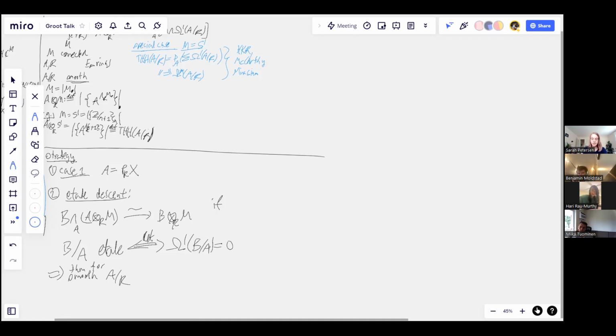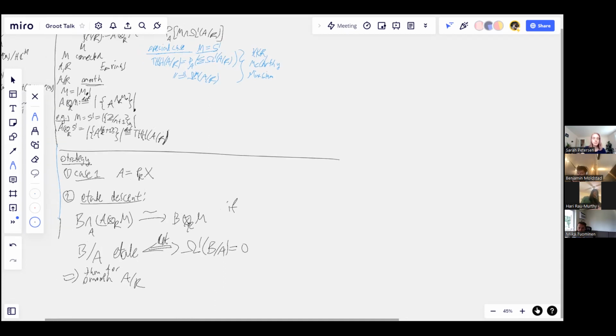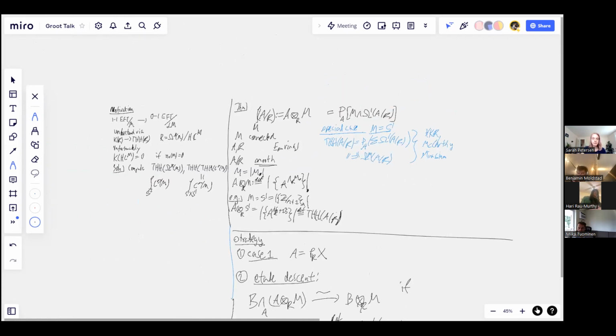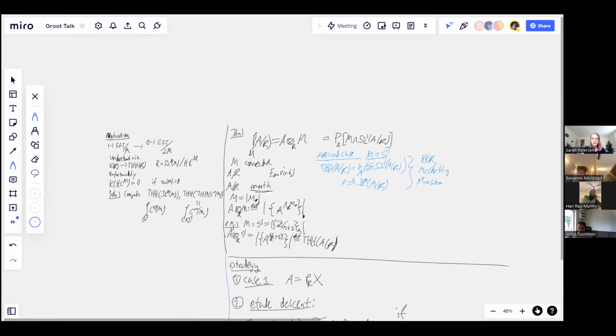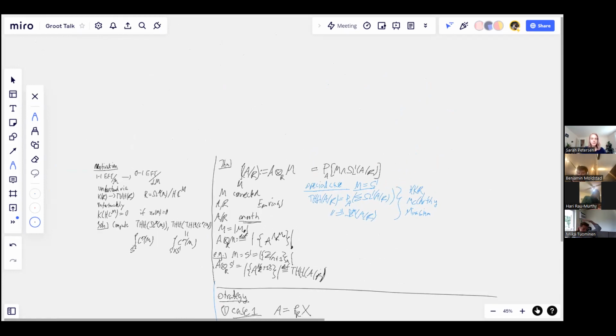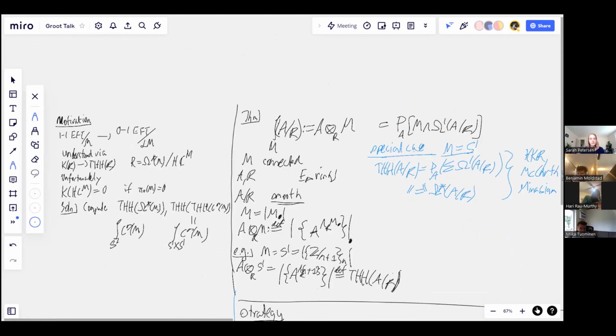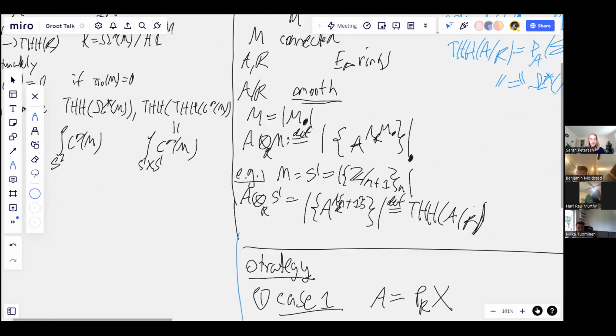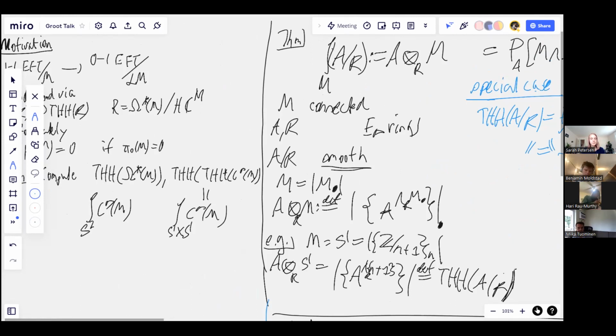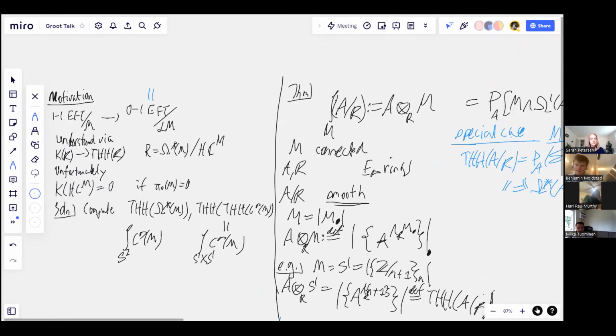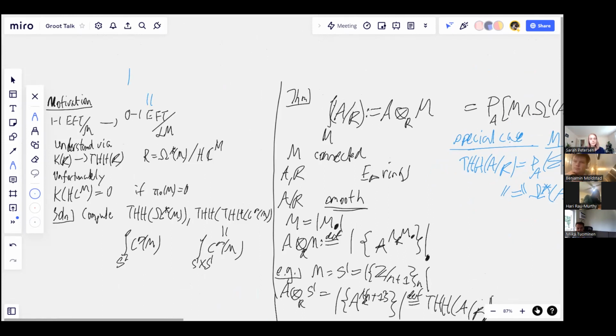Could you maybe say something about the relationship between E01 EFT and THH? Yeah. So these 0,1 EFTs over M, this is like the homology.